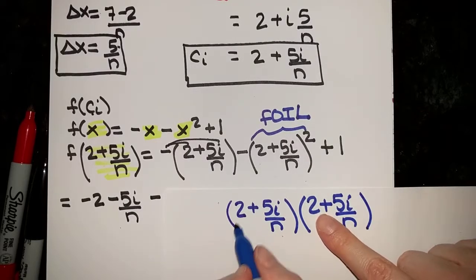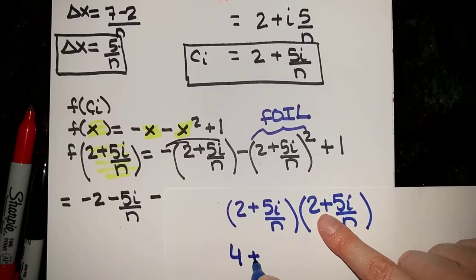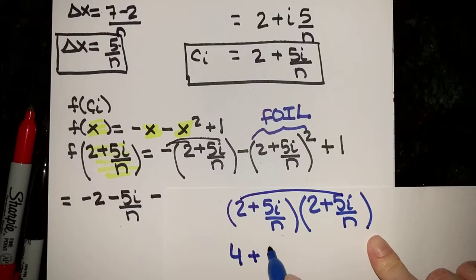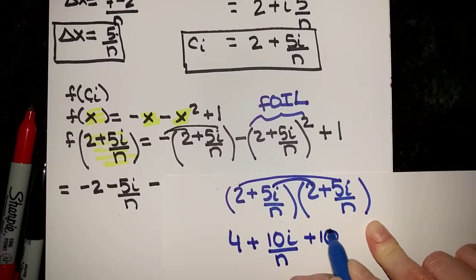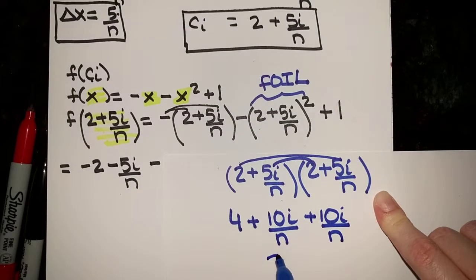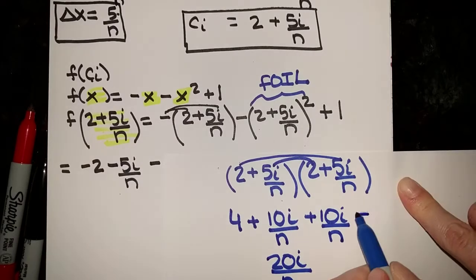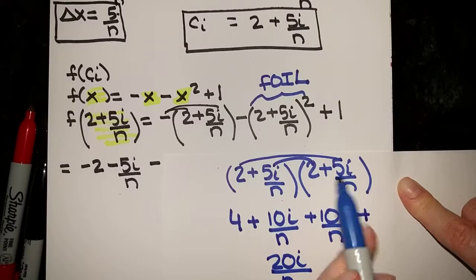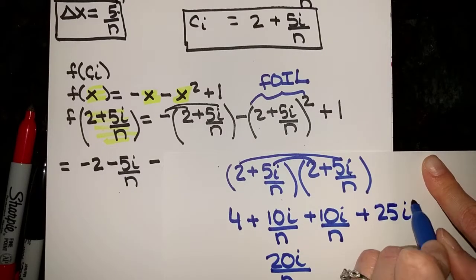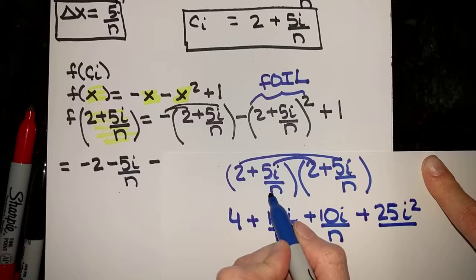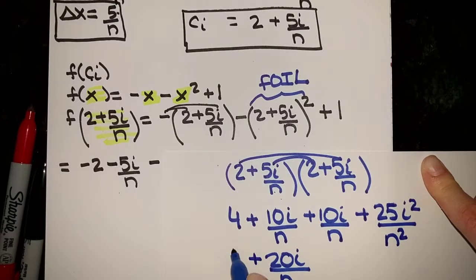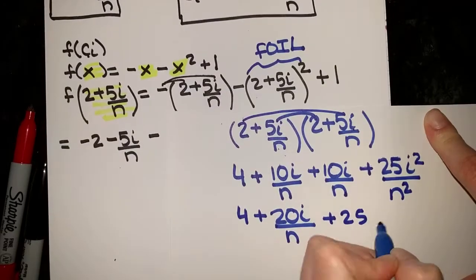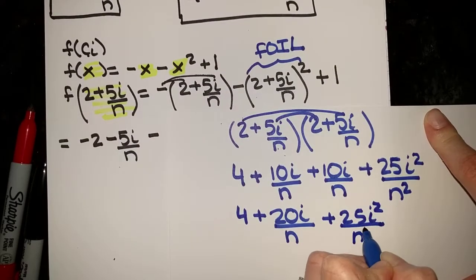So when I FOIL this, I'm going to have 2 times 2, so 4, plus, now my outer is going to give us 10i over n. Inner gives us 10i over n. So those are like terms that can combine together to give us 20i over n. Plus the 5i times the 5i gives us 25i squared over, multiplying straight across, n times n gives us n squared. So this FOILed out is going to look like this.